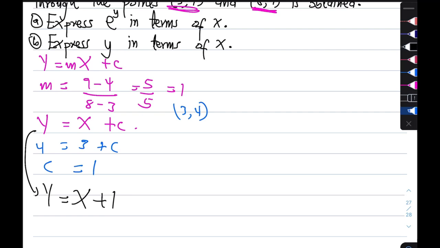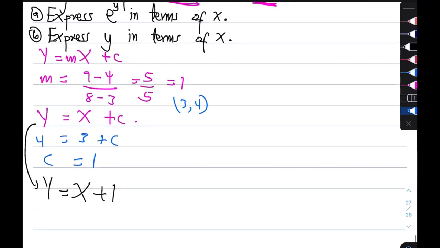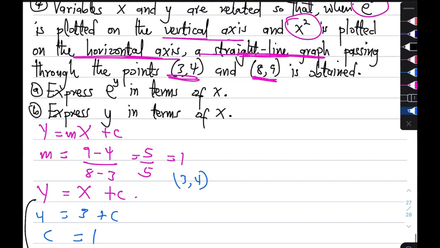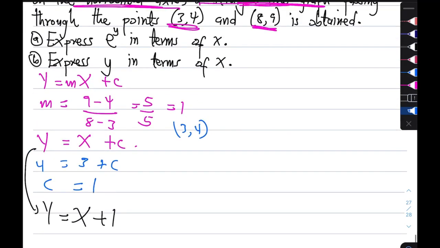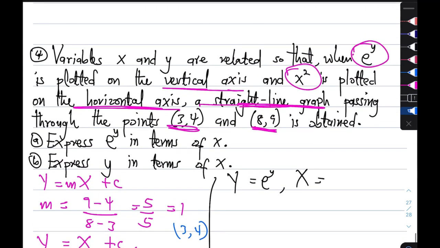Okay, well, so now that we have this, the next thing that we want to do is to go back and check what is on the vertical line. Well, on the vertical line, we have e to the power y. So that means that our big Y is e to the power y, and then our big X will be what? We check on the horizontal, what was plotted? x squared.